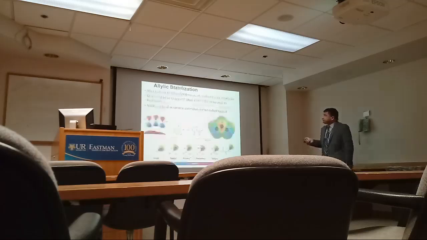And then allylic stabilization. What is the stability? As we noticed in the previous example, for example, here we have a carbon with bromine, let's say this time. And then we have a primary carbon, which means attached to one radical only with one bromine.